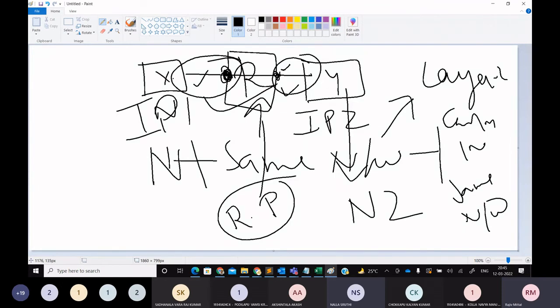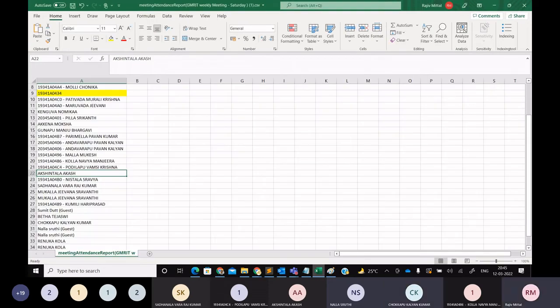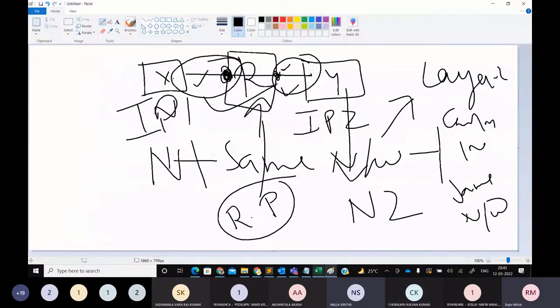Are you able to understand? Akash? Yes. So tell me, what is a layer 2 device? How will you find out these two devices are in the same IP address network?